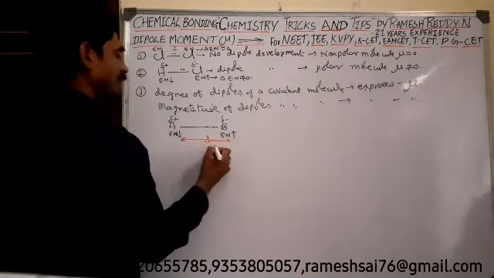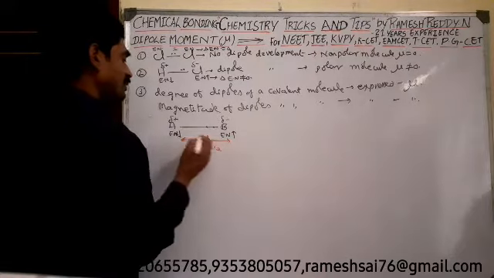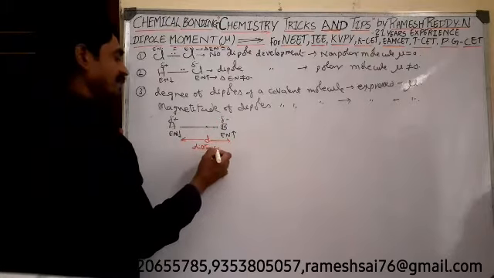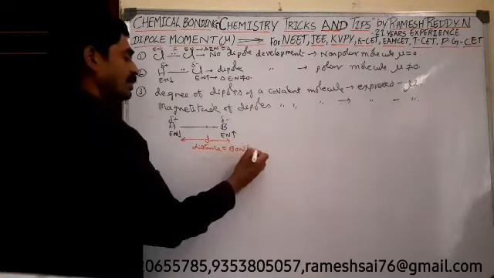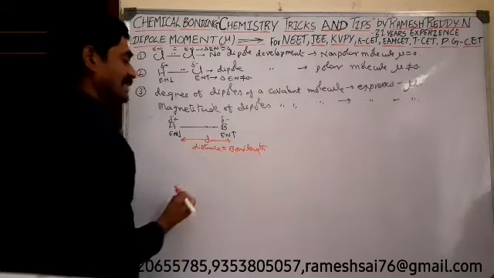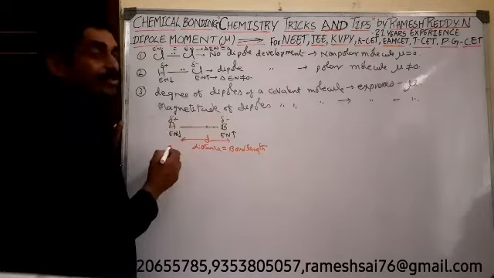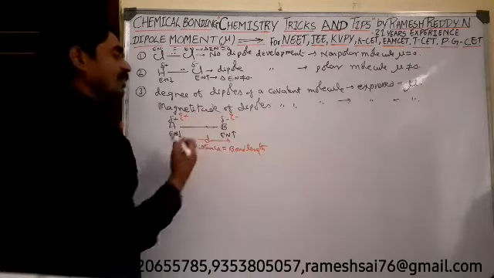It is nothing but the distance between the positive and negative poles of the two atoms. So this distance is the bond length of a covalent molecule. And here there is a positive charge and a negative charge.